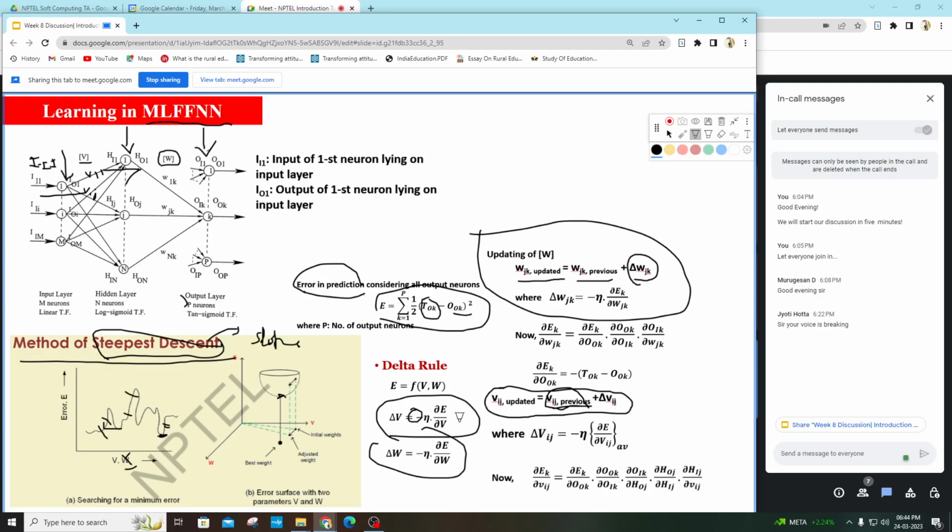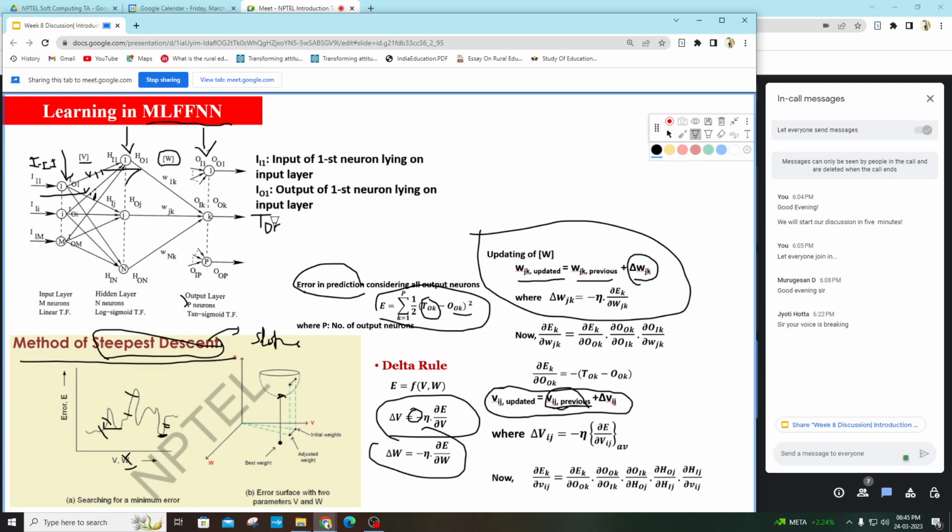Now the question is how we will find del E by del V or del E by del W. You cannot directly differentiate del E by del W because you don't have any relation of E with respect to W. Here we have the error. After the output we have the target value t.